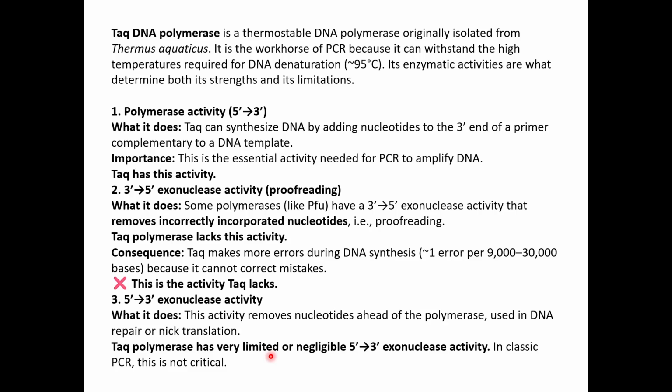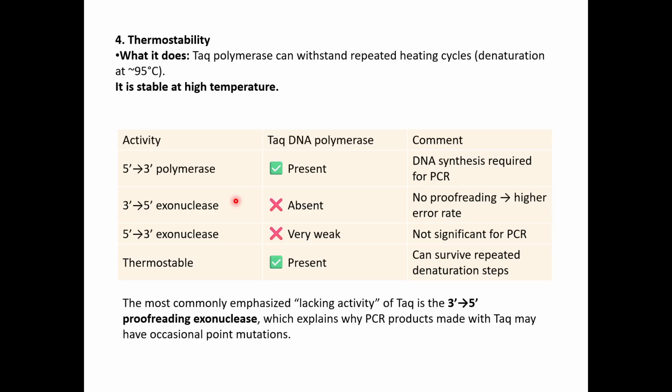But it does not have 3 prime to 5 prime exonuclease activity, which is really important during the replication process to avoid mistakes. It has thermostability, which is the reason we use it in PCR.